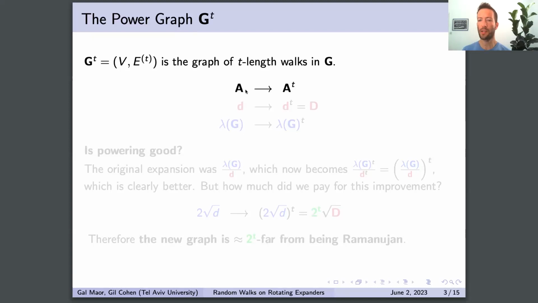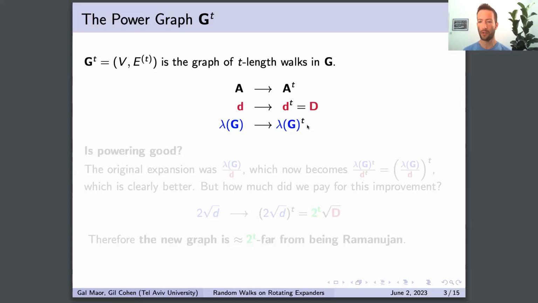So now the adjacency matrix becomes A to the power T. The degree becomes D to the T, which we now denote by capital D. And lambda becomes lambda to the T. This can be seen by looking at the spectral decomposition of the matrix A.